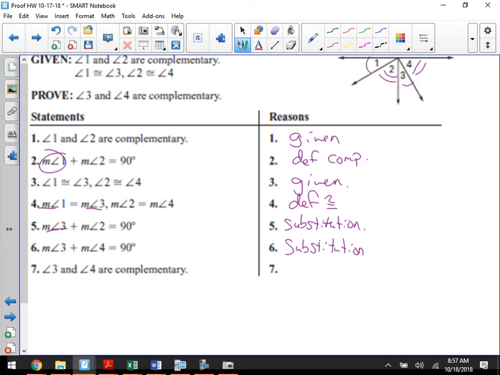So this last one would be definition of complementary. Because since 3 and 4 add up to 90, they have to be complementary. Those definitions work going both directions. It's called a biconditional statement. It works going both ways. I think we'll do biconditional statement one day.